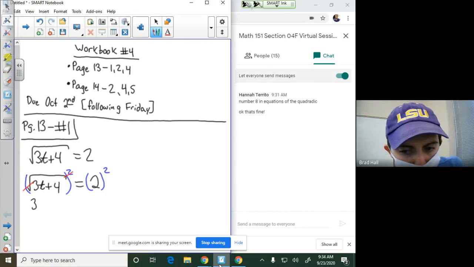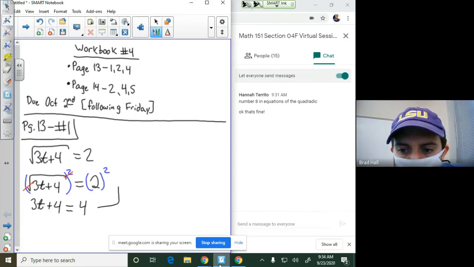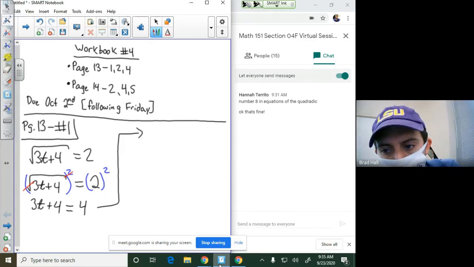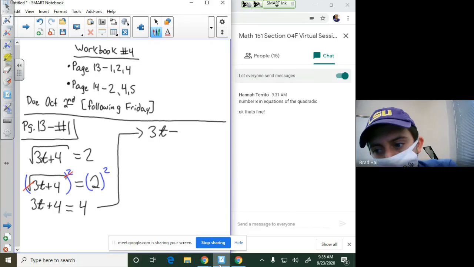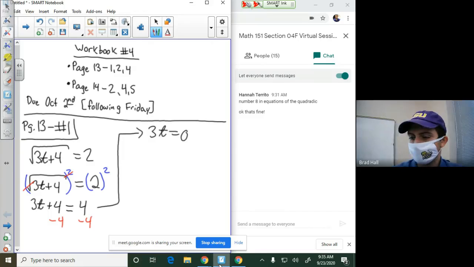And now we get 3t plus 4 is equal to 4. So this is the same thing as 3t is equal to 0 after you subtract 4 on both sides. And so t is 0.